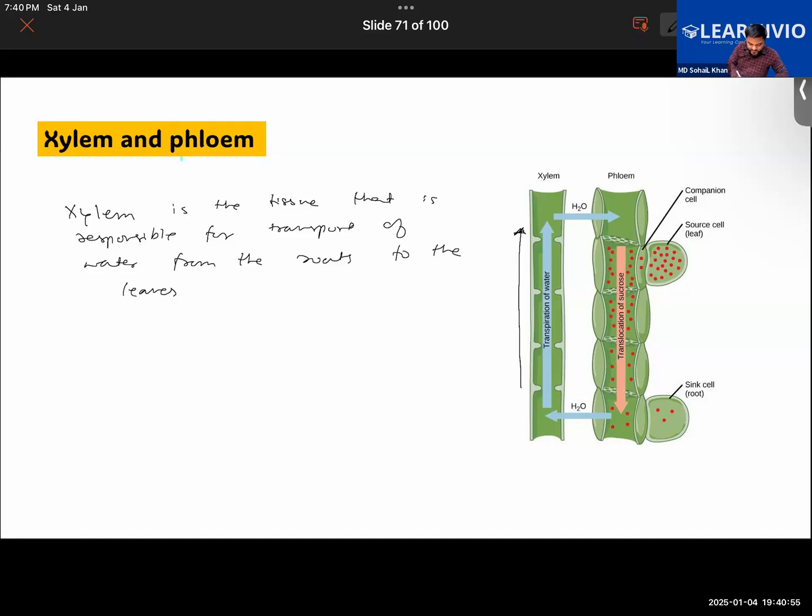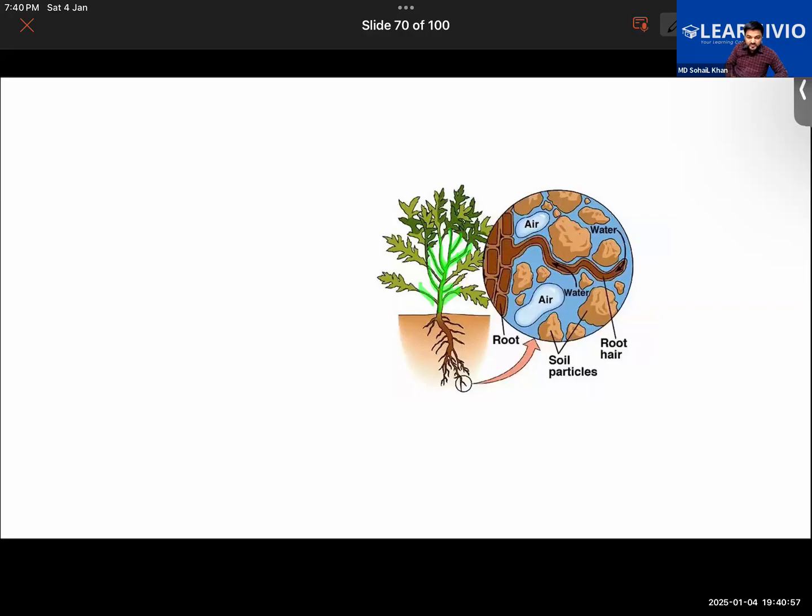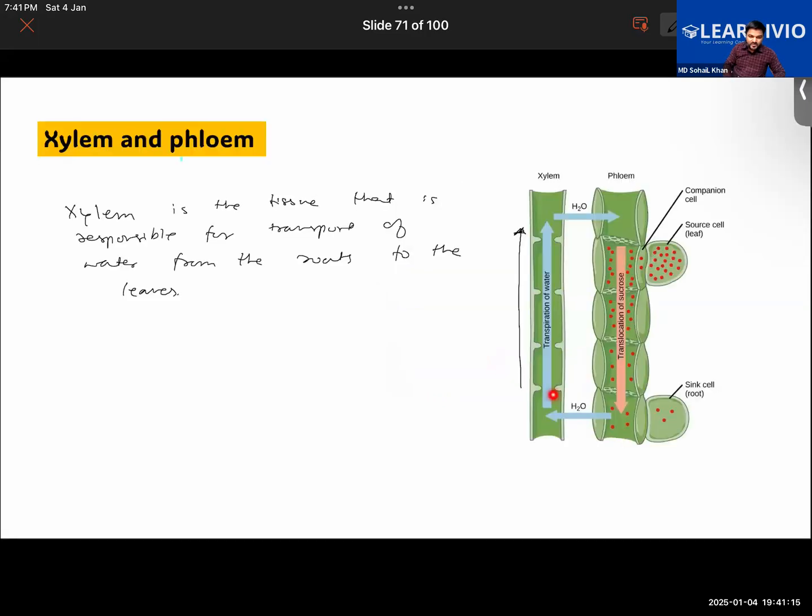What happens? The roots of the plant absorb water from the soil, and then via the xylem, that water and whatever minerals are dissolved in it goes to the upper part of the plant, to the leaves of the plant. That is the function of the xylem here.